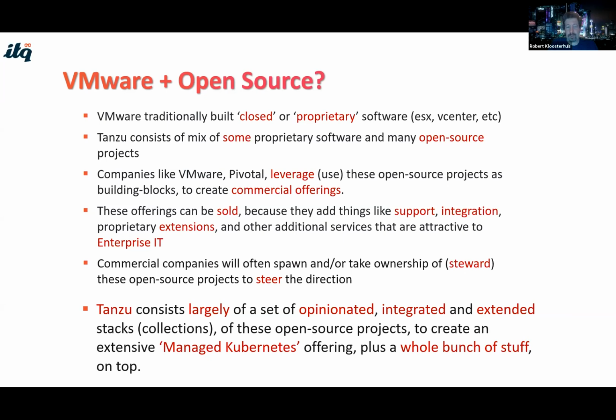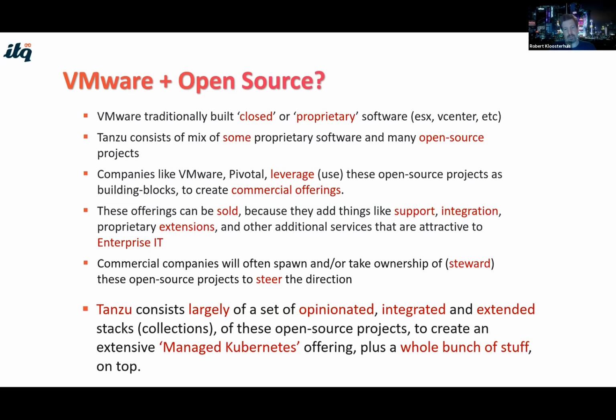So what VMware has done with Tanzu is they've taken a selection of these open source tools, of these open source projects. They've combined them with their own proprietary tools, and they've created a stack, a portfolio of products, which we call Tanzu. And they have an opinion on how to do Kubernetes, how to do containers, how to do all the stuff you need around containers. So we speak of an opinionated stack.